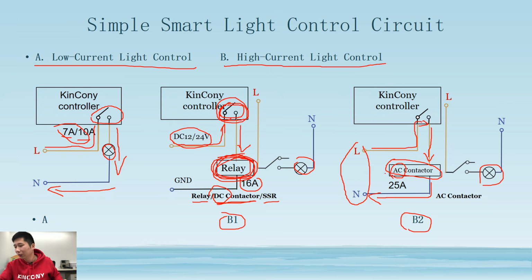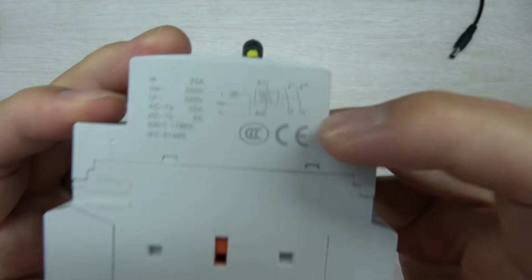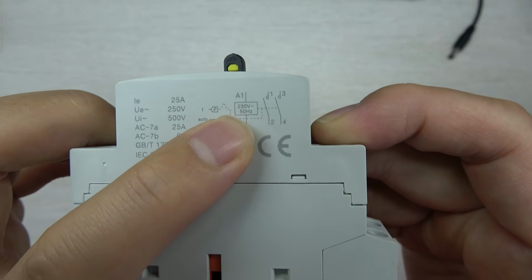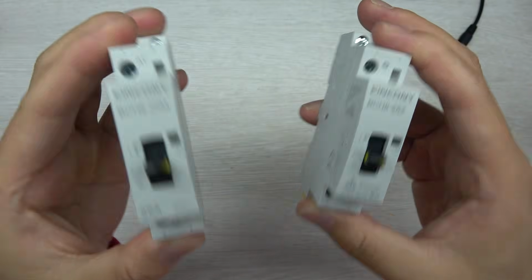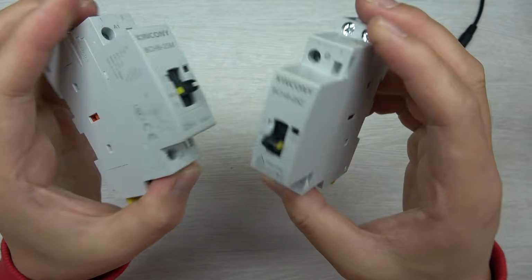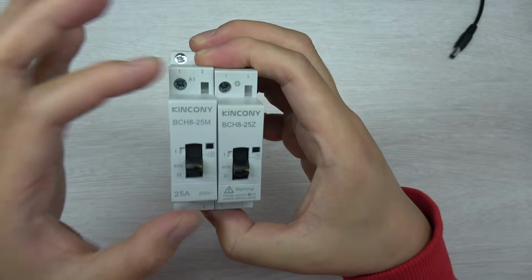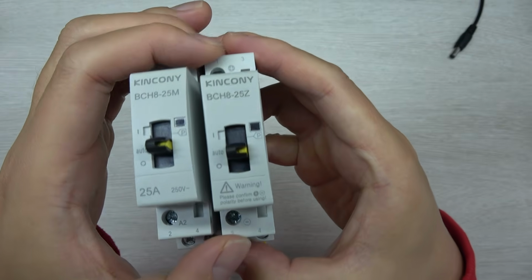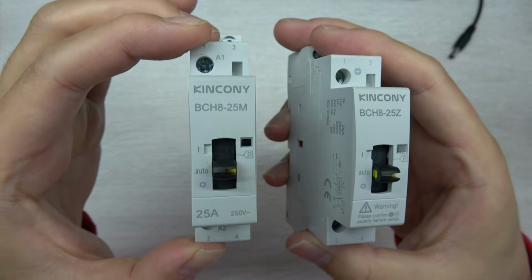So this is different. For example, you can see this photo, and this one is an AC contact. You can see this is also 25 volt, but this coil is AC 220 volt. Just this one is DC, and this one is AC. The appearance is the same as each other, just with a different working voltage for the coil. This one you can see has a positive and negative because it is DC, but this has A1 and A2 because it works with AC.